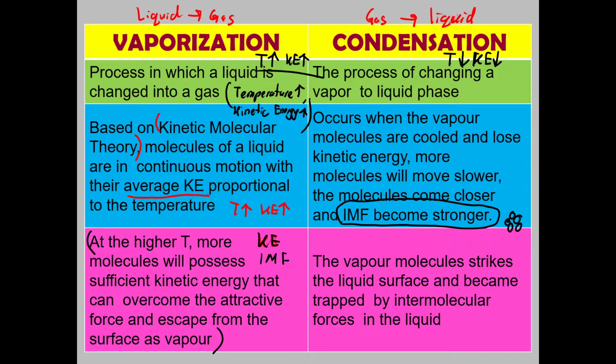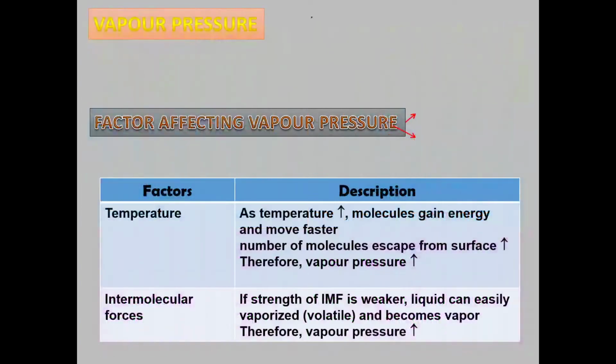You just need to know the points we talk about: temperature, kinetic energy and intermolecular forces. These three points must be there, and you just explain which one goes up, which one goes down, and what happens. These two.